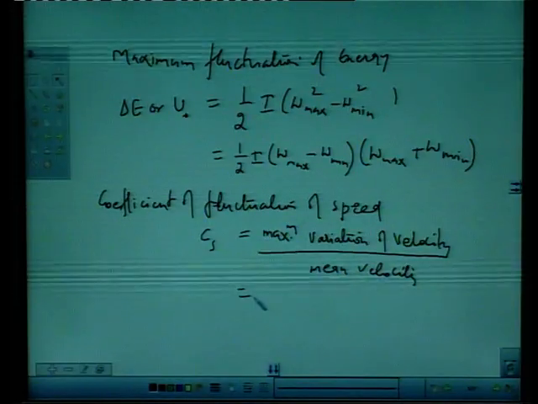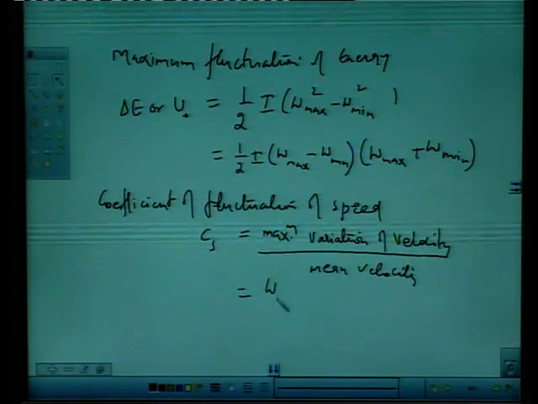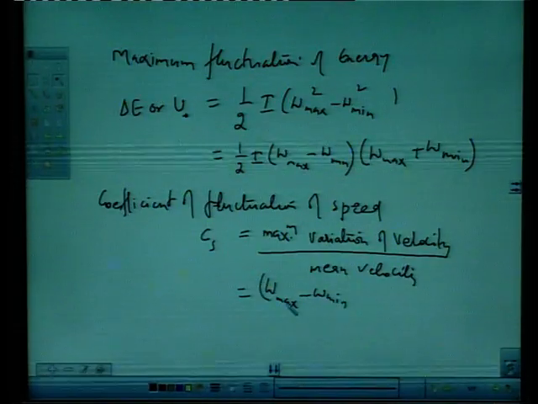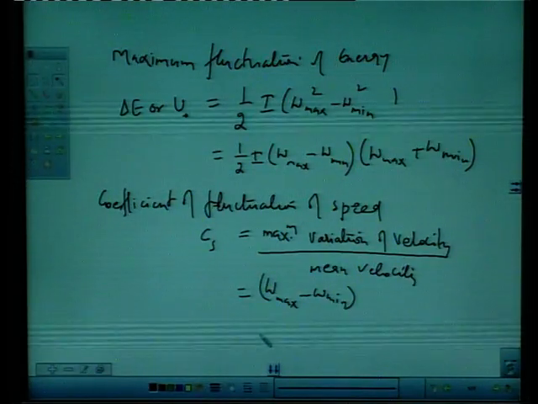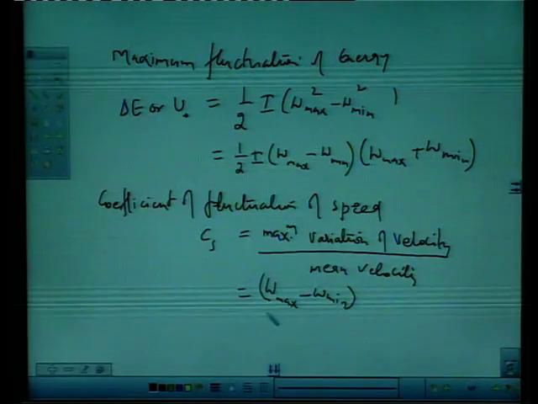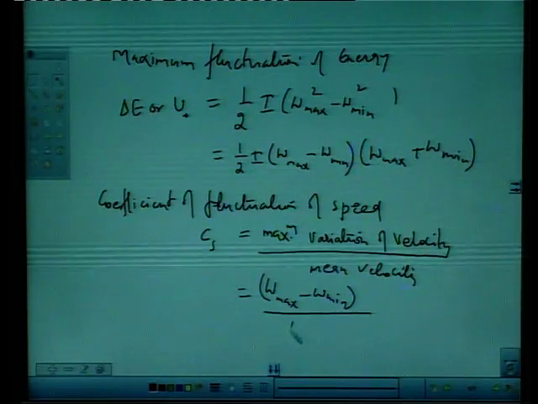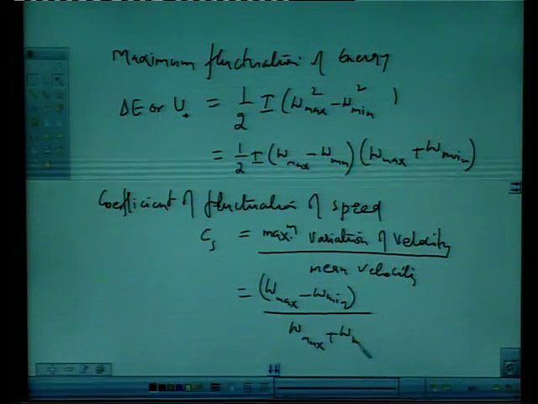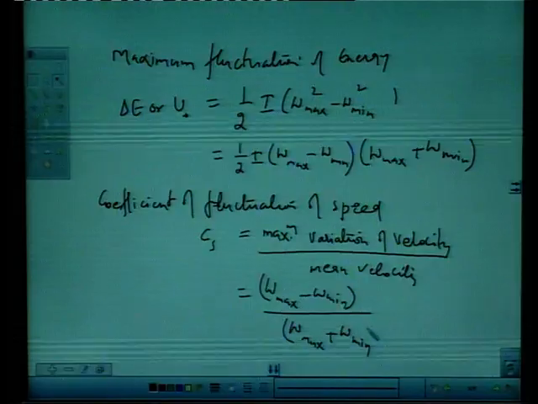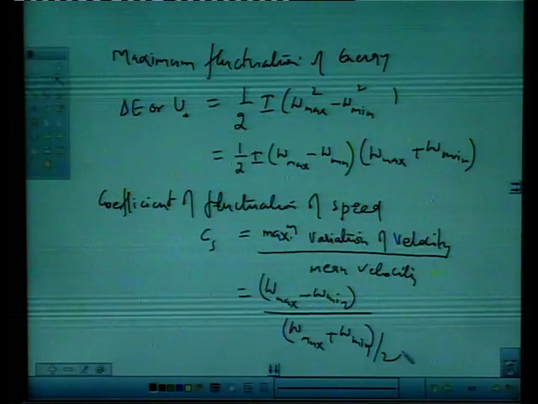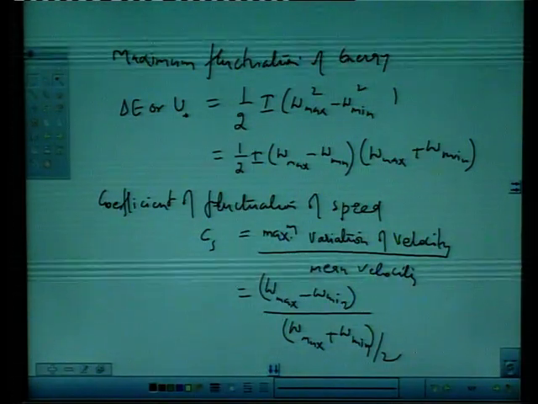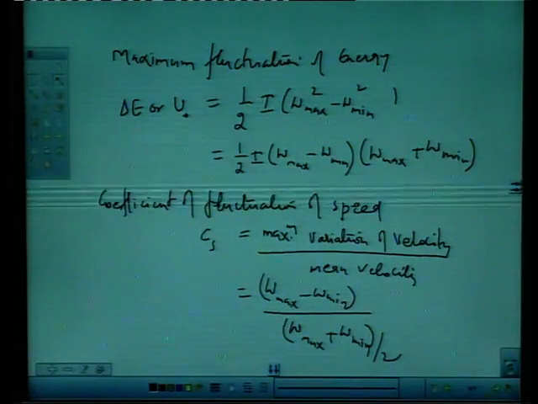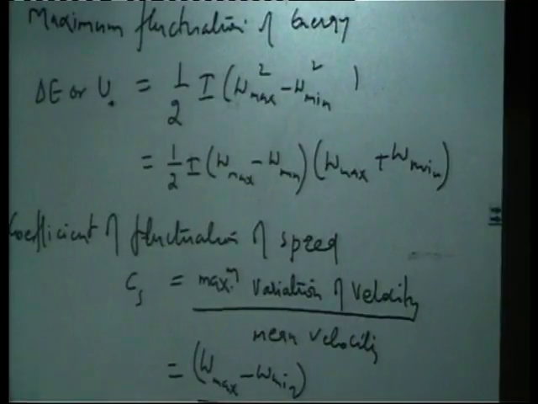Now, maximum variation of velocity is equal to omega max minus omega mean, whereas mean velocity is equal to omega max plus omega mean divided by 2. So, coefficient of fluctuation of speed depends upon the maximum variation of velocity, which is equal to omega max minus omega mean divided by the mean velocity.